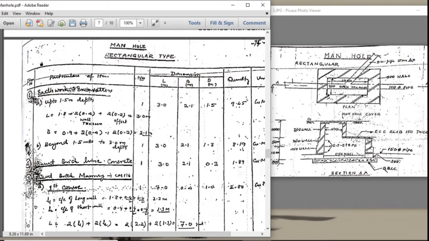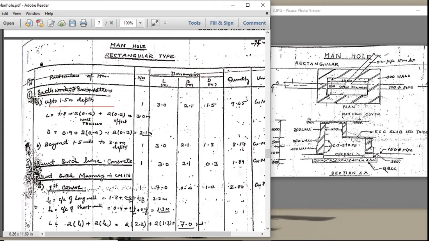So rectangular type manhole, so the first item is the earthwork up to 1.5 meter depth. So depth is varying. Why? Because up to 1.5 meter the rate is different for the excavation, and above 1.5 meter the rate is different.